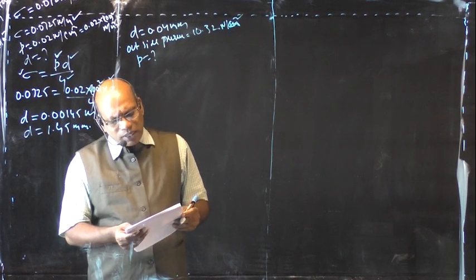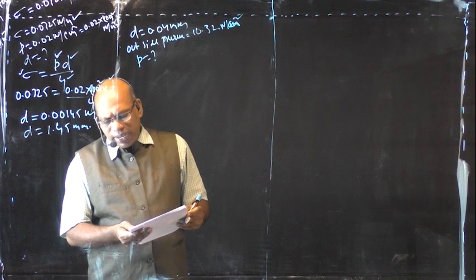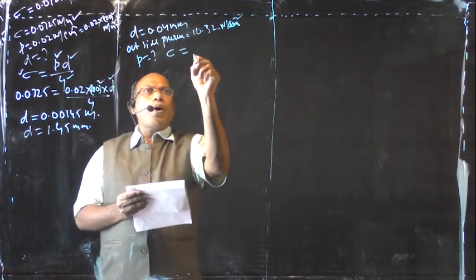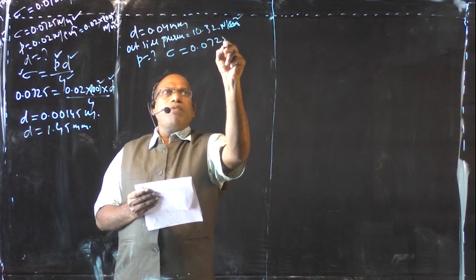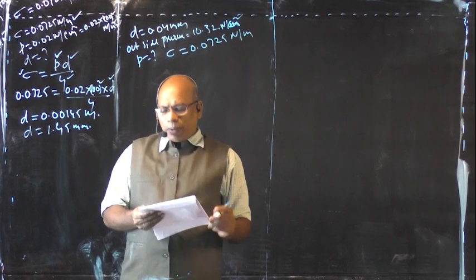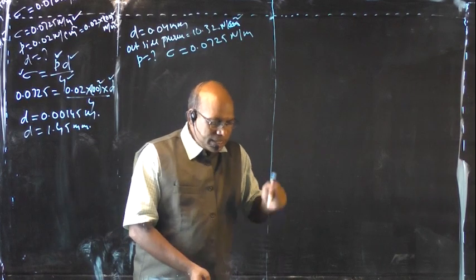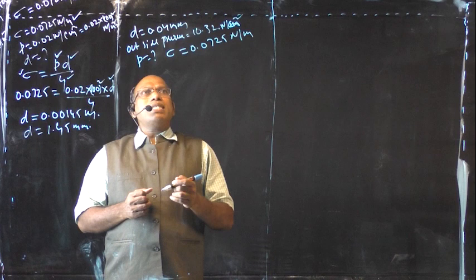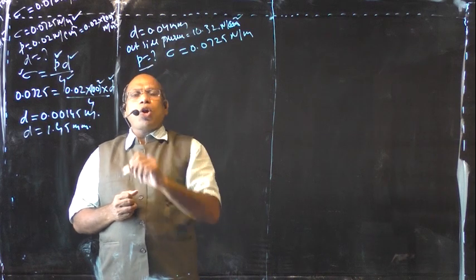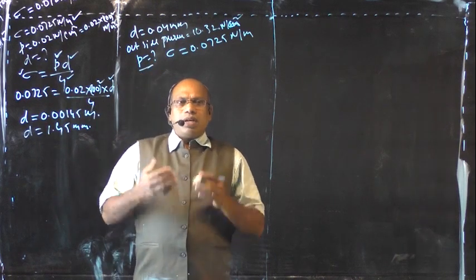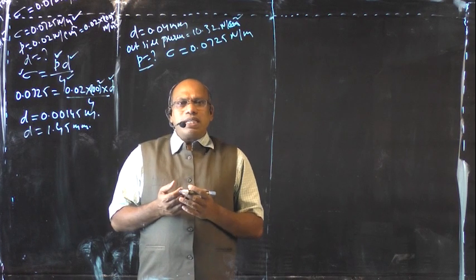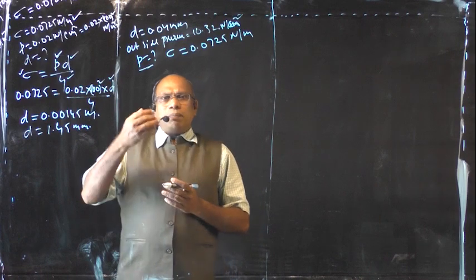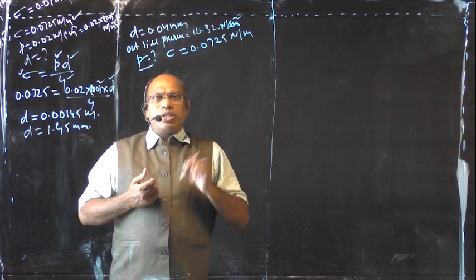If surface tension is given as 0.0725 Newton per meter, in this problem they have asked what is the pressure inside the water droplet. For the determination of the pressure inside the water droplet, I have given one relation between pressure and surface tension.